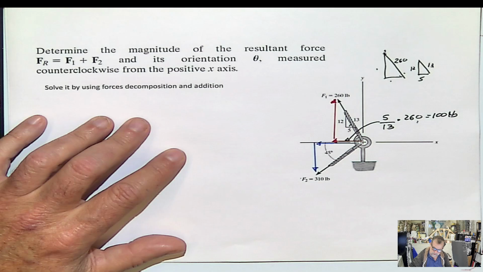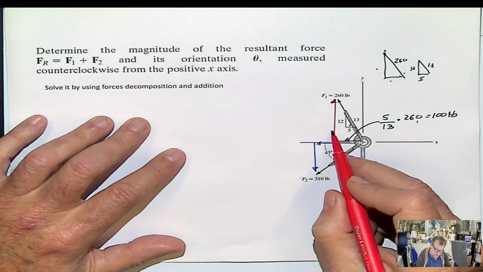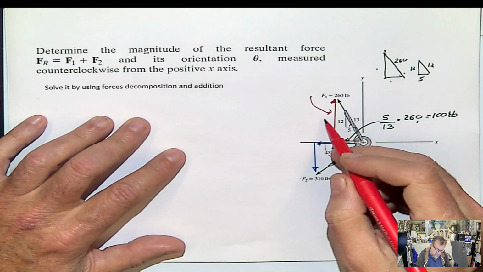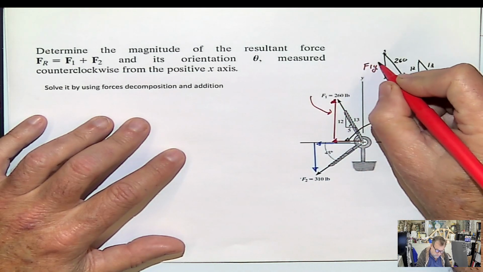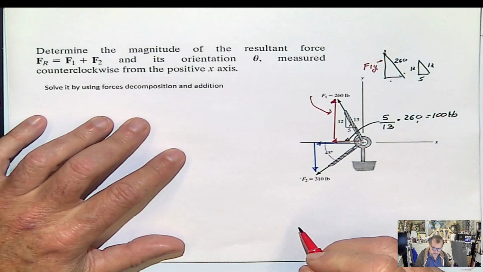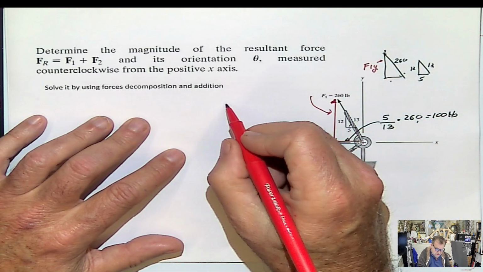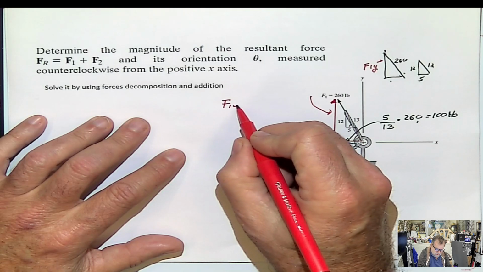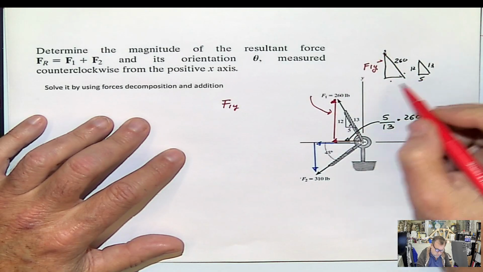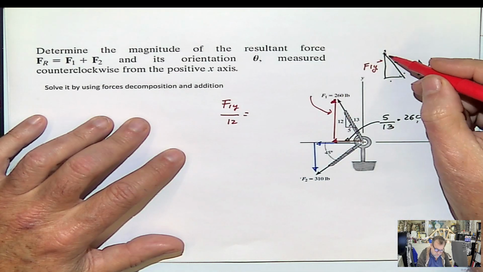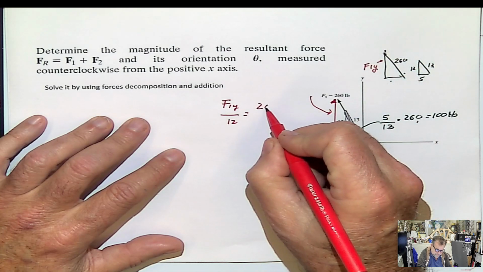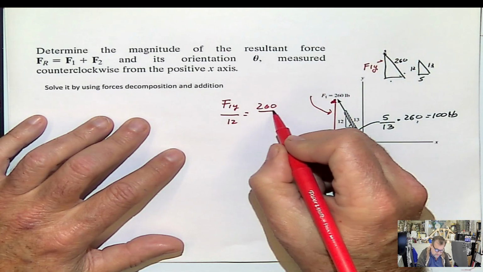Now look for the component in the y direction. I'm looking for F1y. Let me put F1y on this side here. Basically, what I'm saying is that F1y divided by 12 has to be equal to 260 divided by 13.